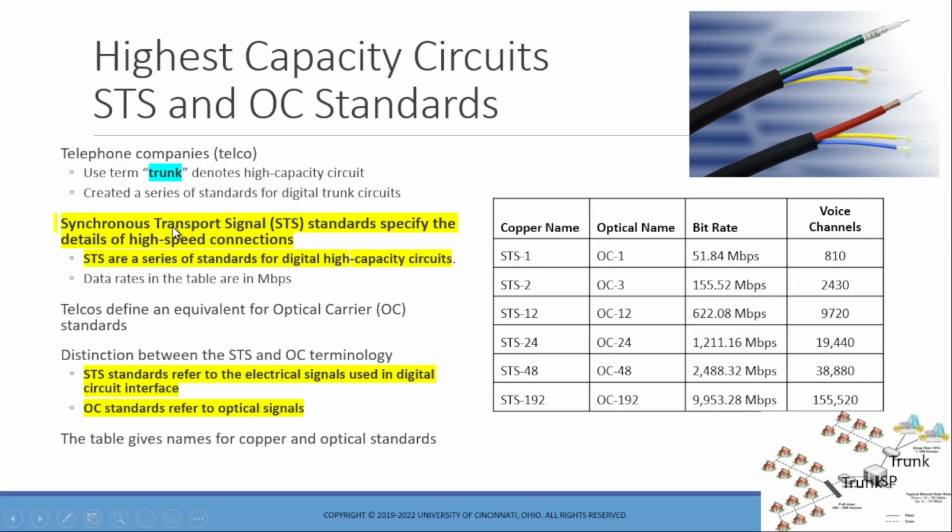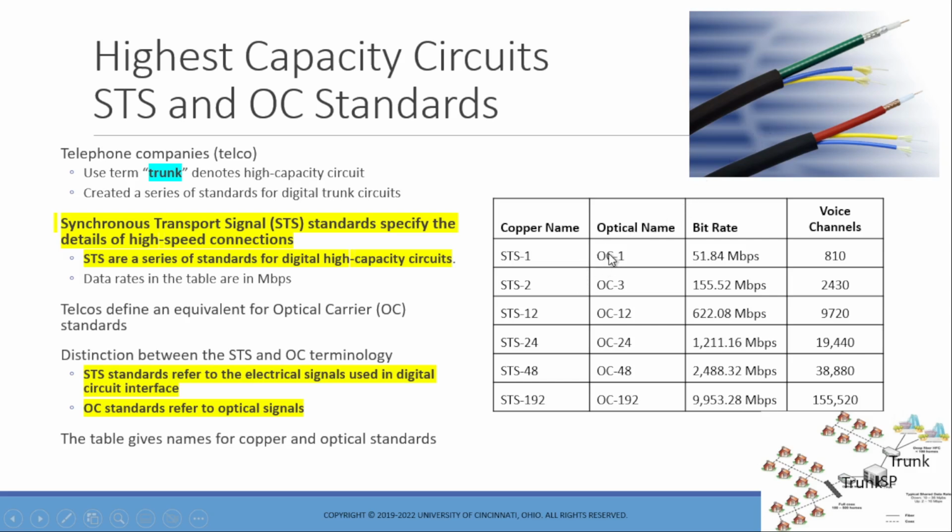So the synchronous transport signal, STS, again, I don't think you have to remember what it stands for, but just remember STS gets the information from the ISP to your trunk in your neighborhood. And if it's TST, we're referring to the copper, right, the coax cable.